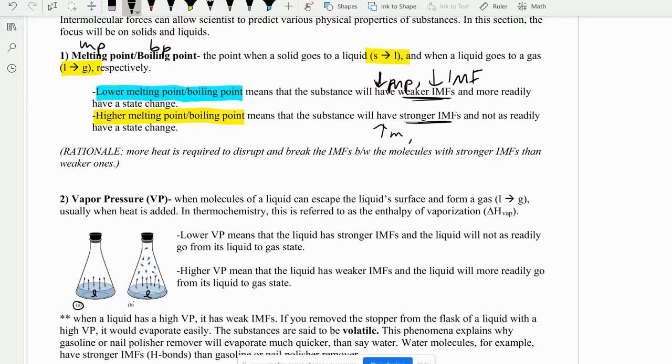The higher the melting point or boiling point, the stronger the intermolecular forces. And again, the rationale behind that, you guys, is that more heat energy is going to be required to disrupt and therefore break the intermolecular forces between the molecules of a substance with stronger IMFs than weaker ones. So hopefully that's pretty straightforward when it comes to melting point and boiling point.